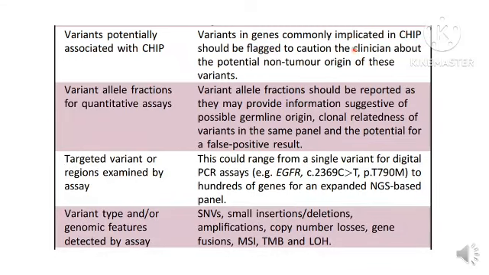So if you see any variant in the liquid biopsy, you need to confirm whether that mutation is an age related mutation or it's a true mutation which is causing your tumor in the solid tissue.